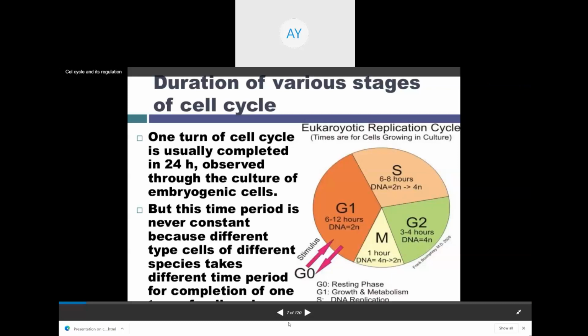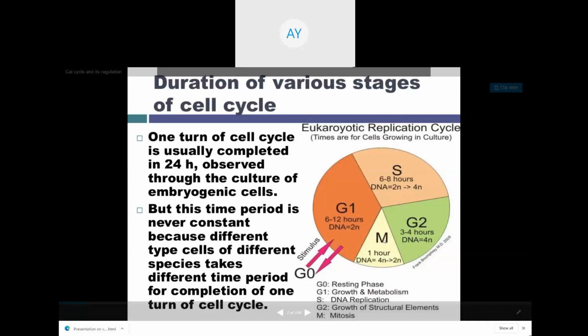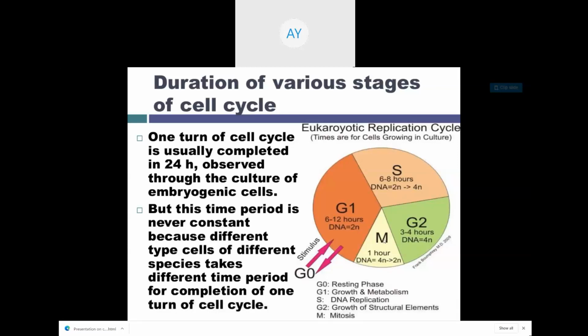Okay, so try to know what the cell cycle is. It is the cyclic events of the G1 phase, S phase, G2 phase, and mitotic phase. In the mitotic phase, you observe prophase, metaphase, anaphase, telophase. But if you observe meiosis, then there is a further division into meiosis 1 and meiosis 2.